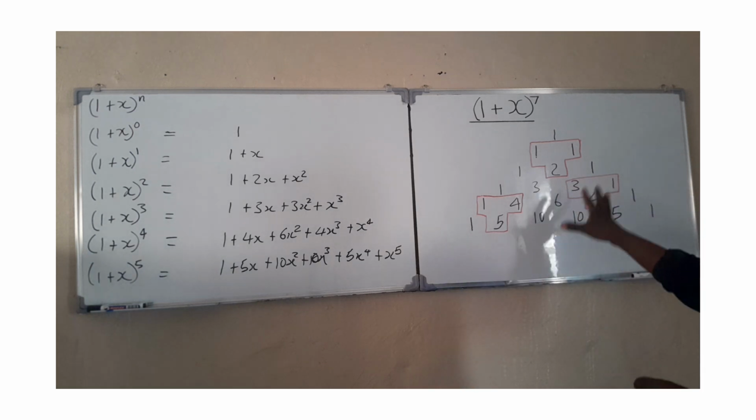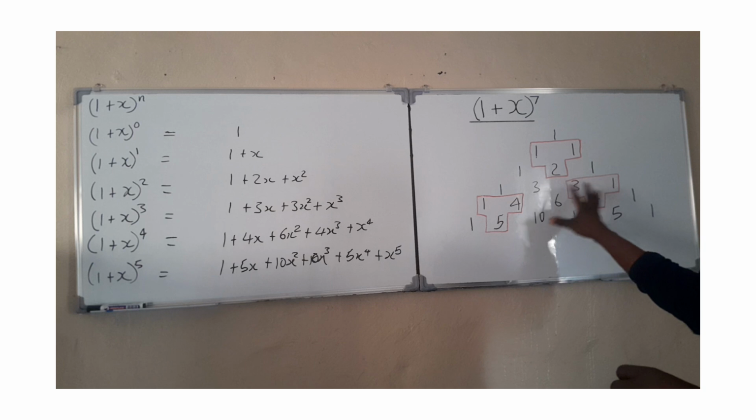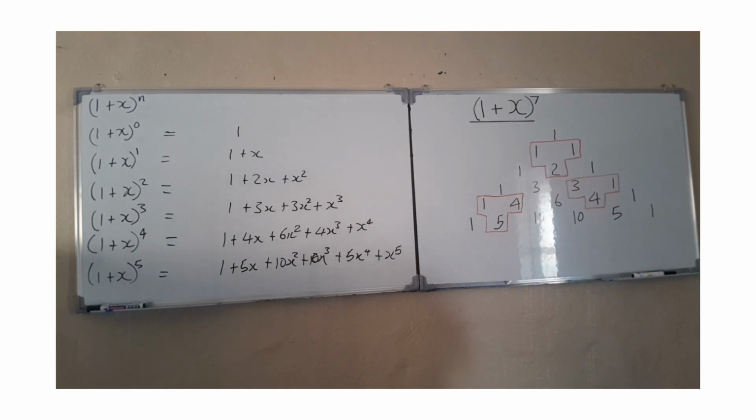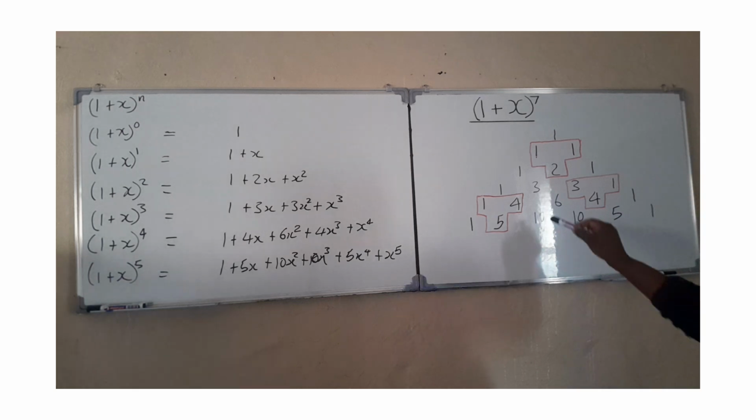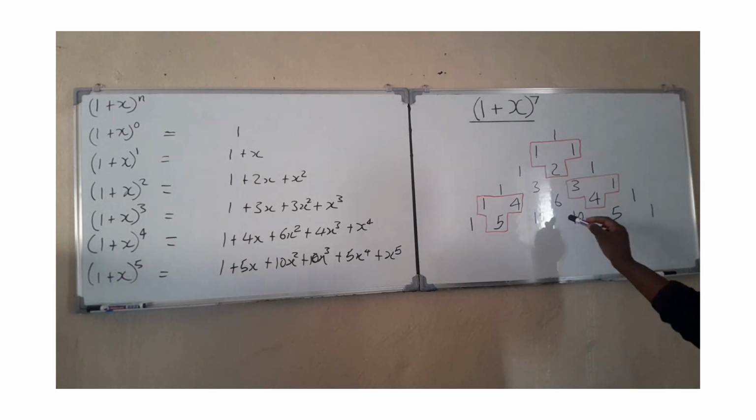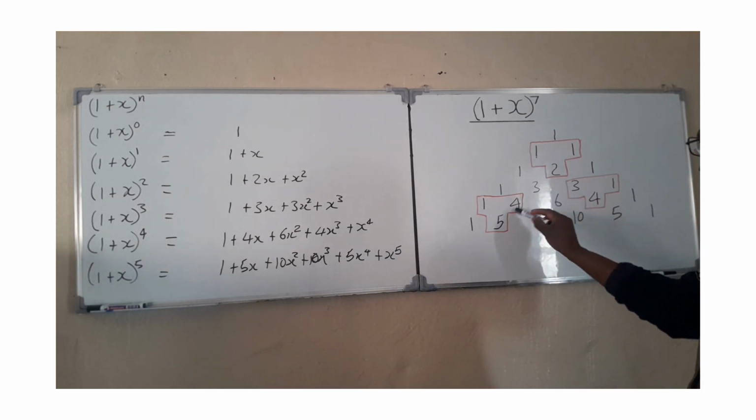I'm not going to try and mess up the picture by choosing more of these, but we can still point at any coefficient and pick up the same pattern. For example, our 10 here is given by a 6 and a 4.